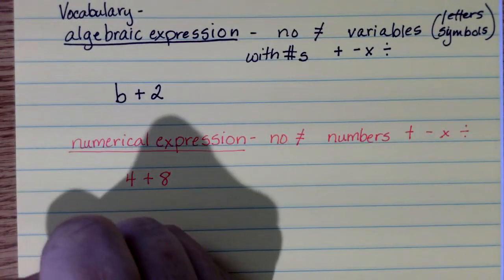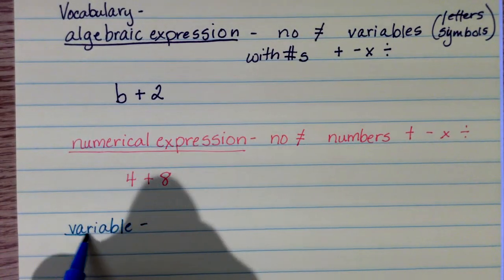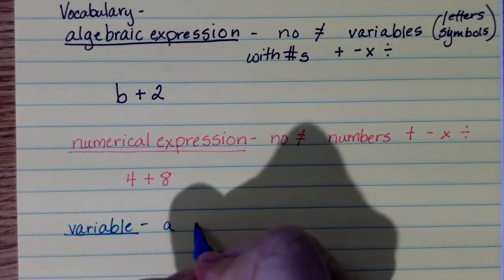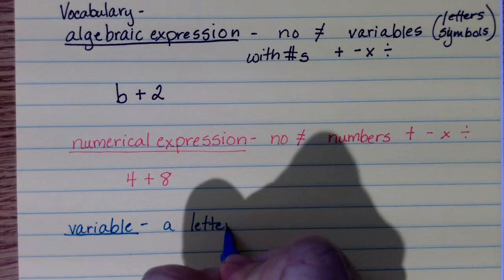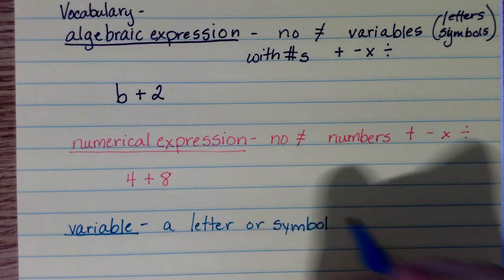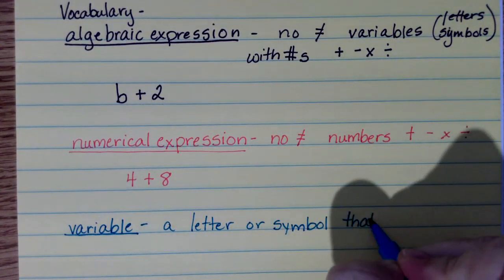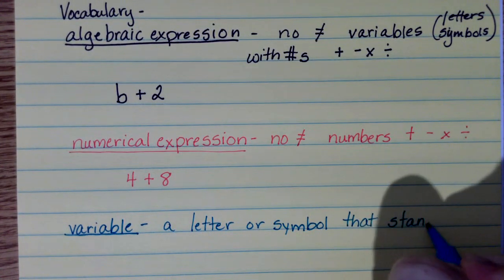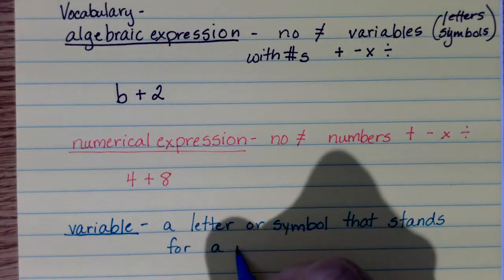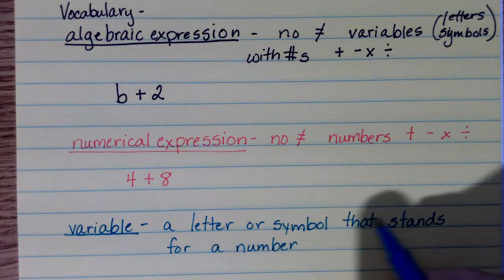So a variable is a letter or symbol that stands for a number in an expression or equation.